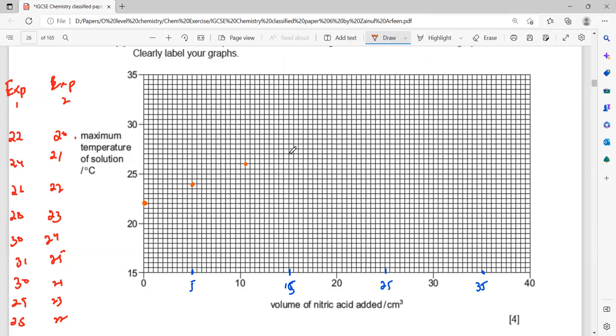Then 20 and 30. Then 25 and 31. Then 30 and 30. Then 35 and 29. And then 40 and 28.